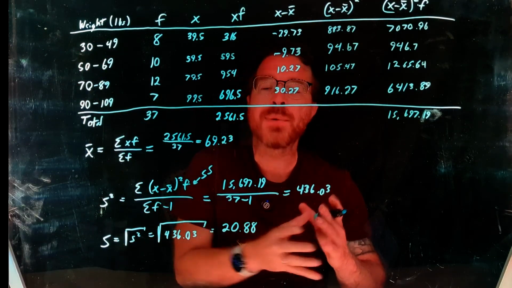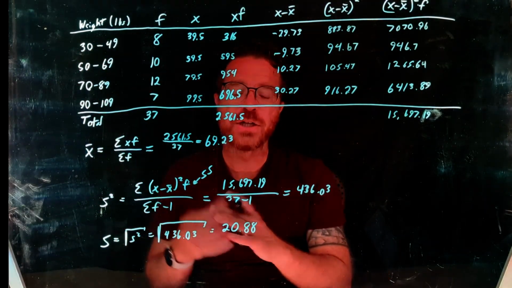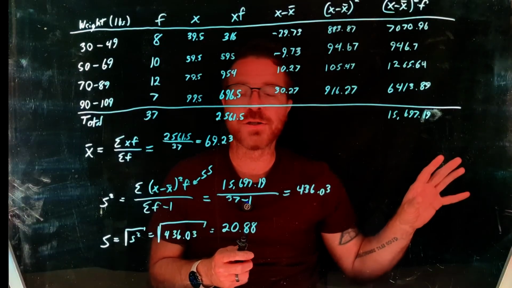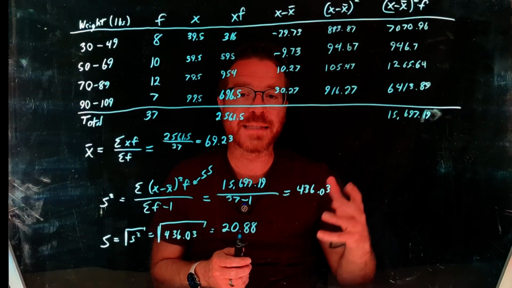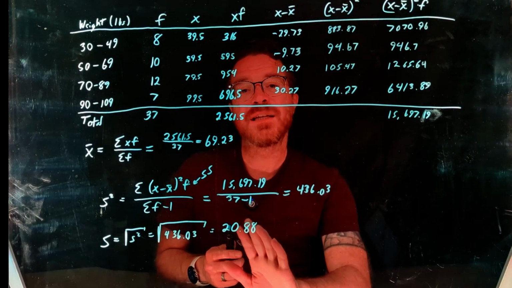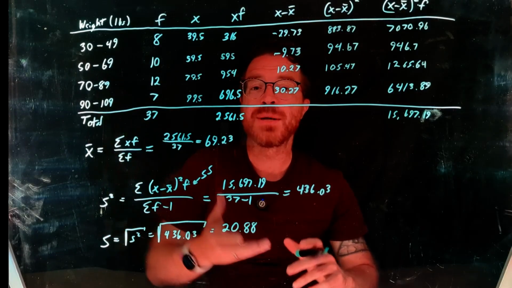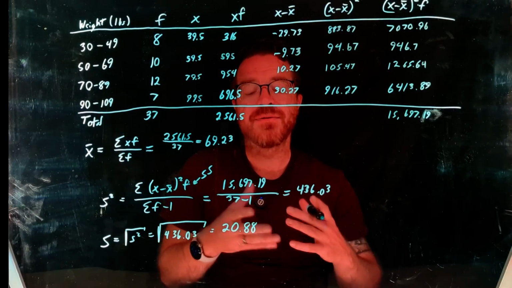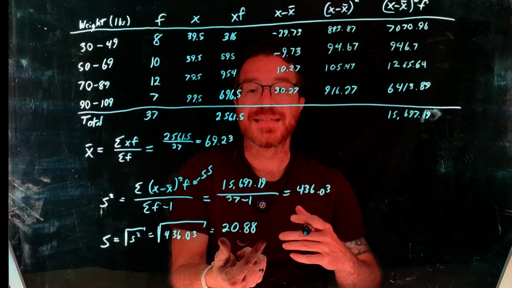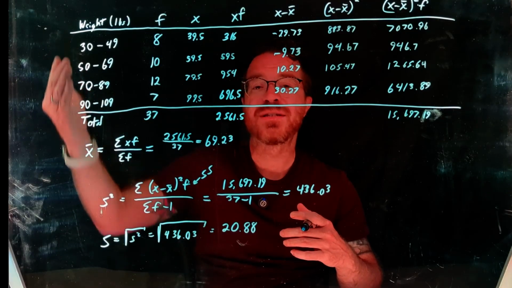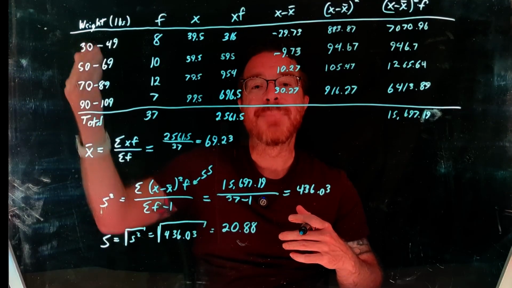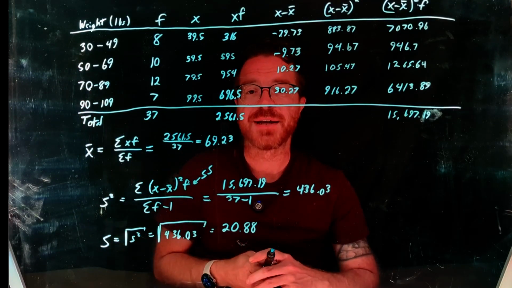So this is actually why we have variance and standard deviation. Variance is for a lot of other calculations that we use in advanced statistics. But when we're actually dealing with the data itself and want to talk about what it means, we tend to talk about the variation in terms of the standard deviation, because it's how much the data deviates based on the scale of our actual data.